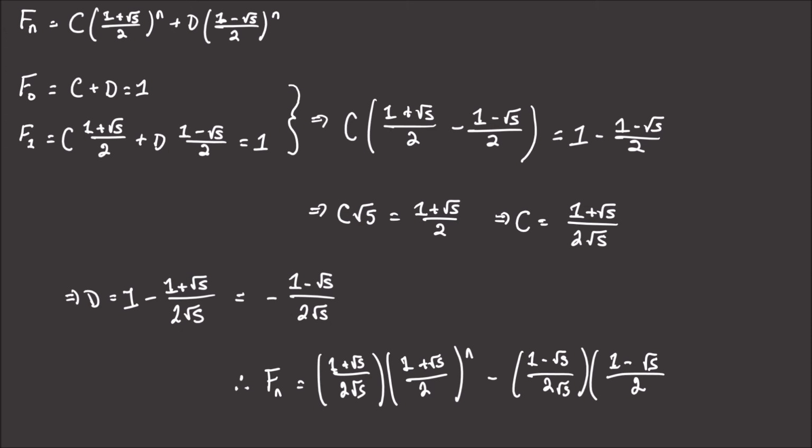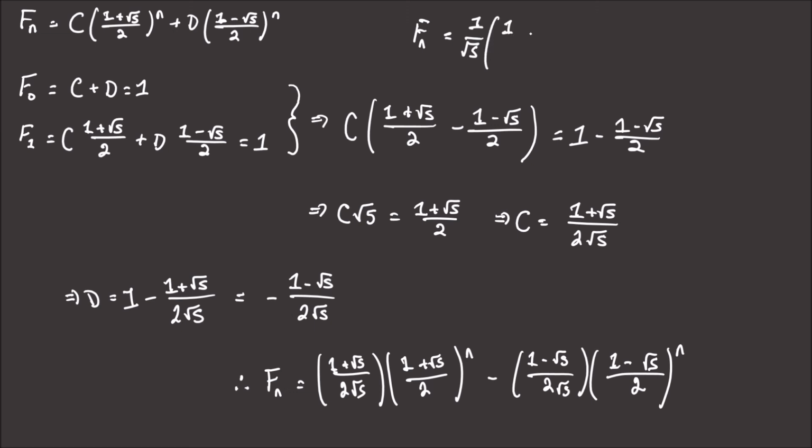We can actually simplify this even further to the n, right? So typically what we'll do is we'll write, and I'll write it up top here, f sub n is equal to, pull out that 1 over root 5, then notice we have (1 plus root 5 over 2) times (1 plus root 5 over 2) to the n.